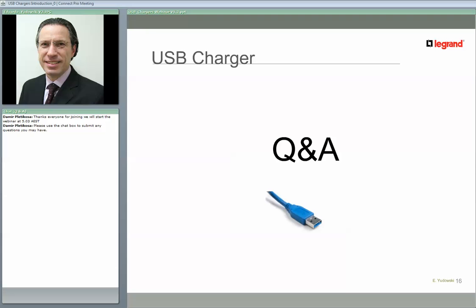We went through this exercise and decided to go for maximum charging capacity, and therefore we had to compromise on the physical size. It's slightly bulky and doesn't fit perfectly in a wall box. That's why we provide sufficient cable length for the charger itself to drop into the wall cavity and sit in there.